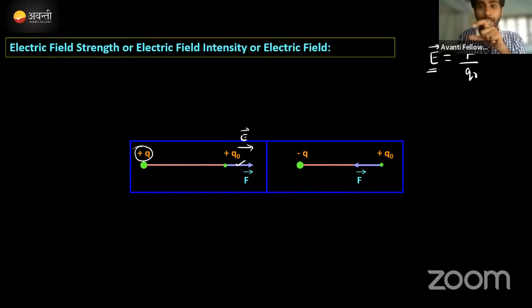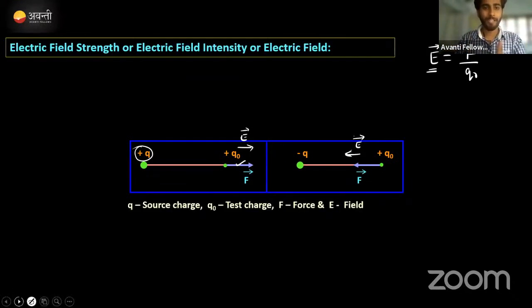In the second scenario, the force will be acting towards the source charge, hence electric field strength का direction भी same होता है, towards the negative charge only, right? And here Q stands for source charge, Q naught stands for test charge, F is the force, E is the electric field strength, right?